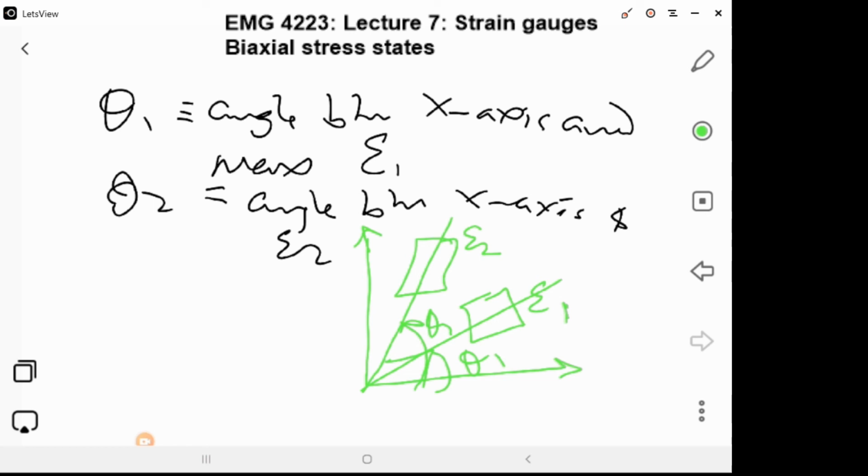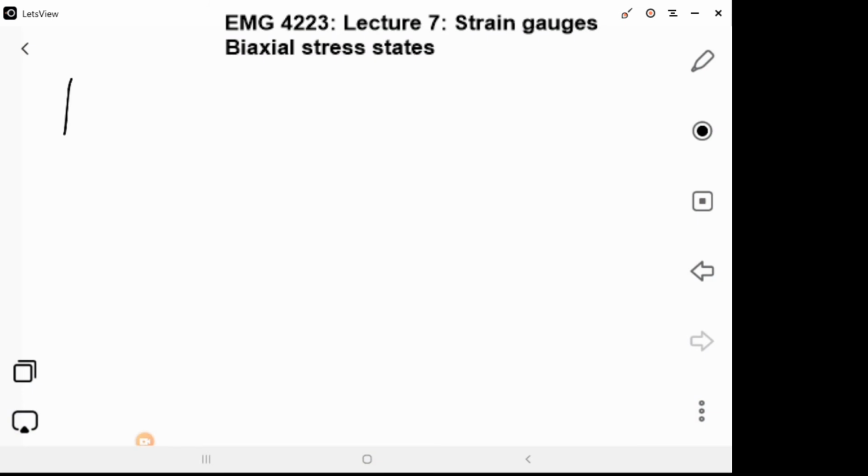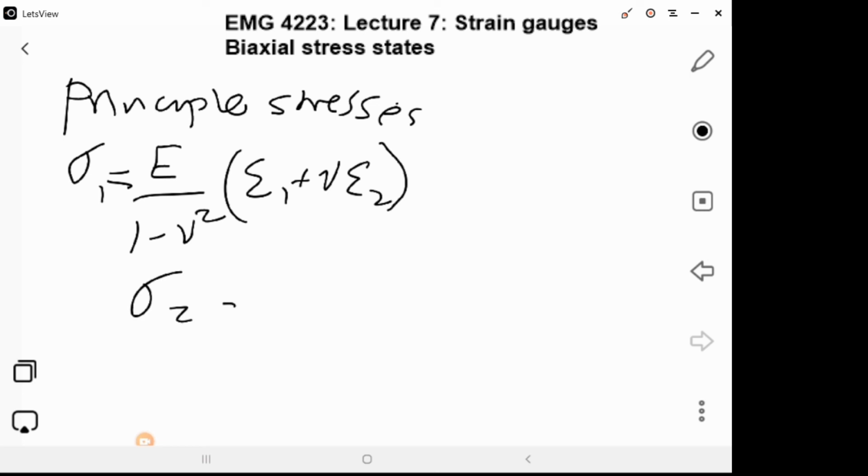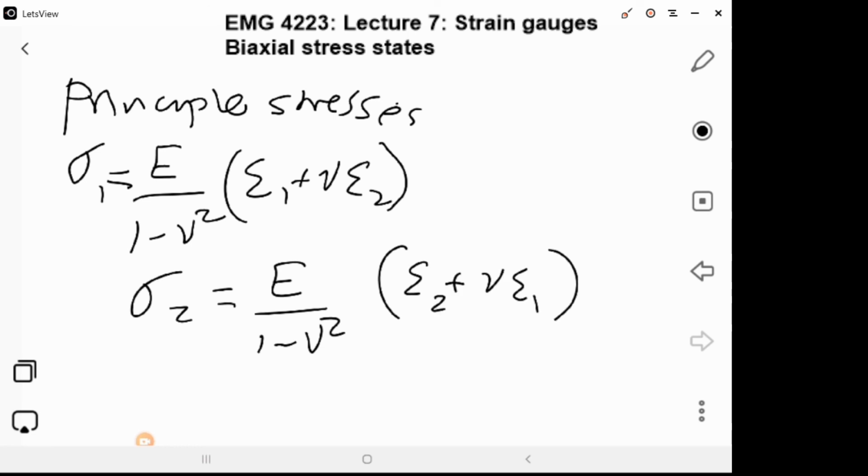The principal stresses can then be written as earlier, which is now this, and similarly this.